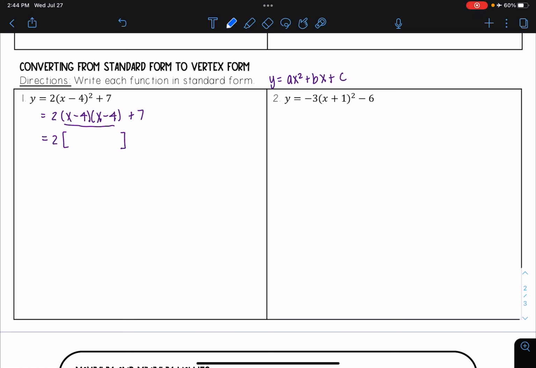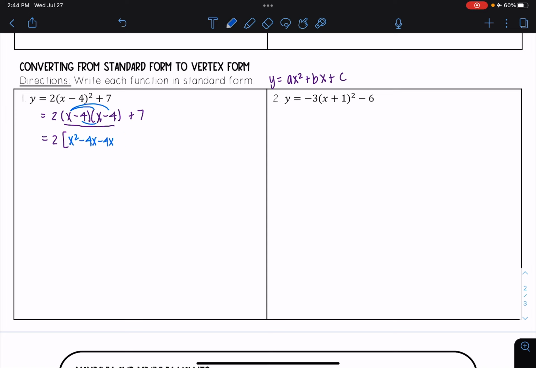So first I'm going to multiply this x into both of these numbers. So I'm going to have x times x to get x squared, x times negative 4 to get negative 4x. And then I'm going to do the same thing on the bottom here with the negative 4. And so I'm going to have negative 4 times x to get negative 4x.